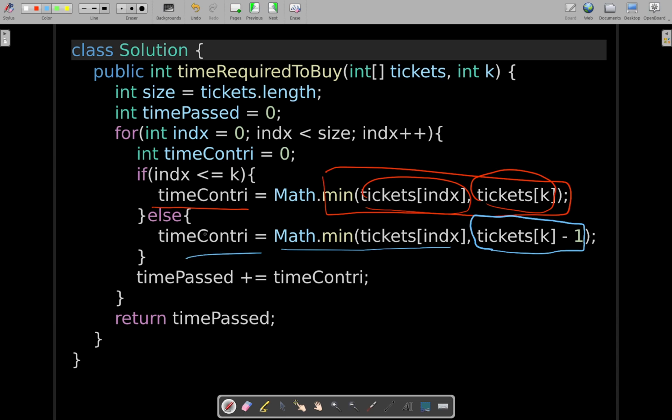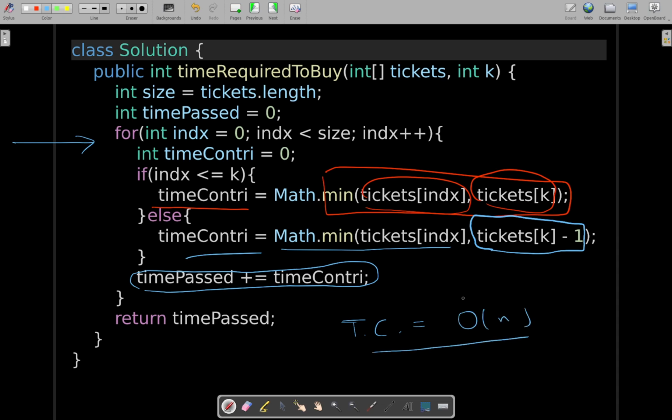And we will continue doing this whole thing and adding the total contribution of the current person to the time passed, visiting this whole tickets array only once. So this will be a linear time complexity solution. So time complexity wise, it will be order of n only.